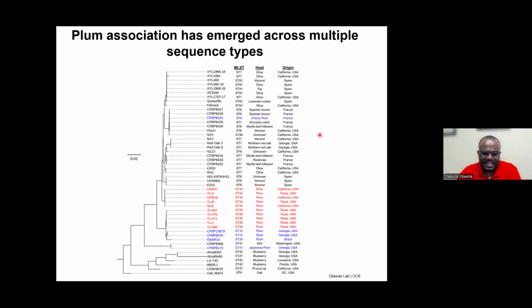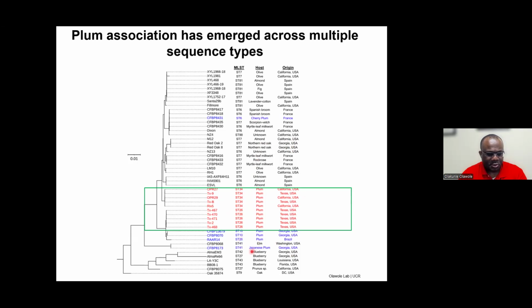And if you look at it here, you will see that instead of forming a single lineage, we can actually see multiple lineages that are associated with the sequence types. One of the things that became very clear here was that the ST26 and also the ST34 represented the dominant plum-associated lineages in our collection.